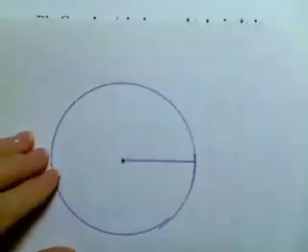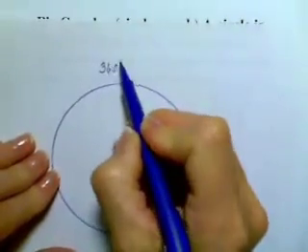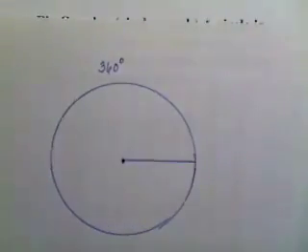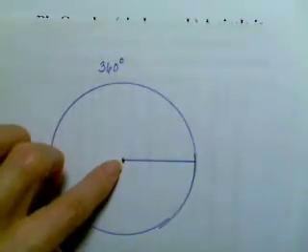Now I know that a circle is 360 degrees. So whatever portion of that circle belongs to a category, that is exactly that many degrees that you have to make this central angle.